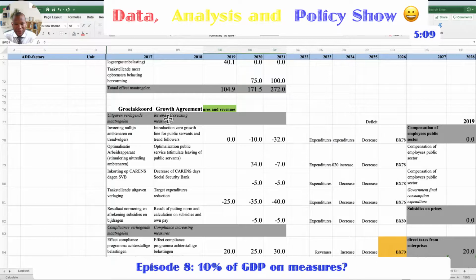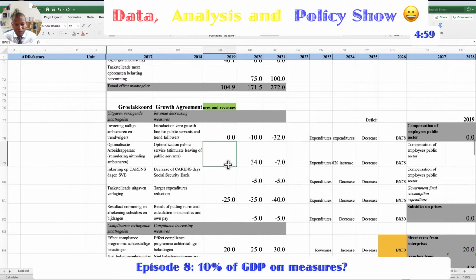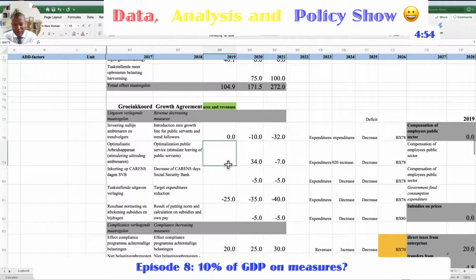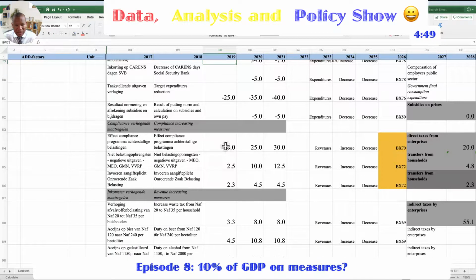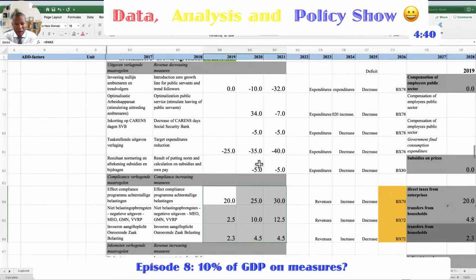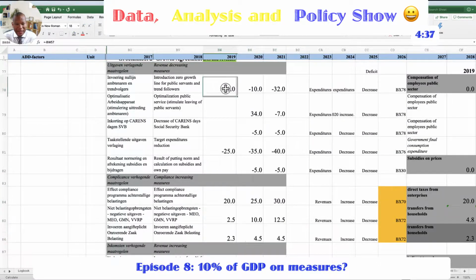This is the revenue increasing part. So we are going to do a lot of revenue increasing and decreasing. And here you have some compliance measures. So this is increasing of the revenues, and these are decreasing of the expenditures.